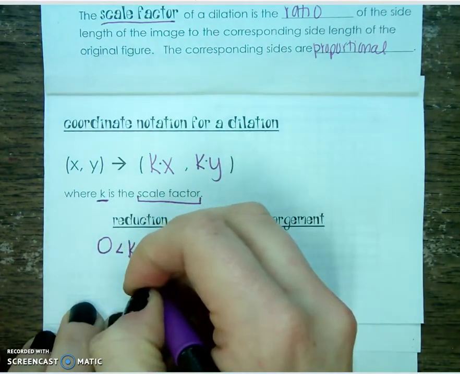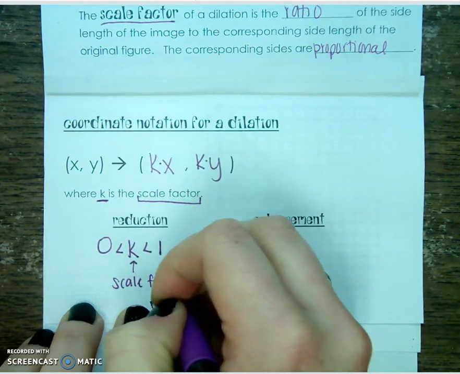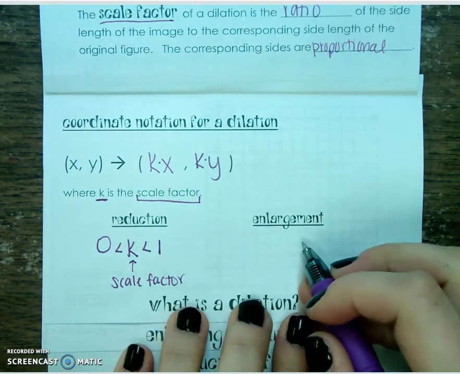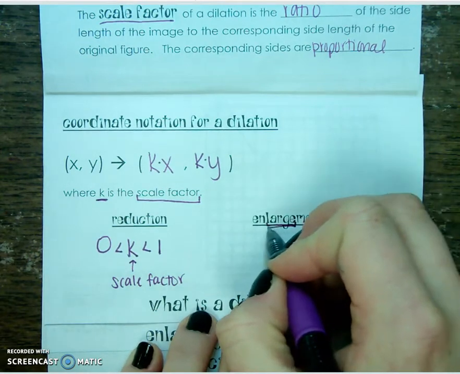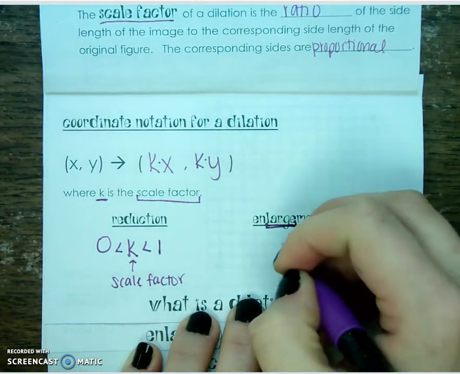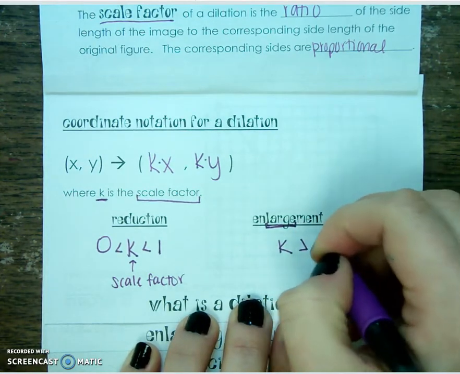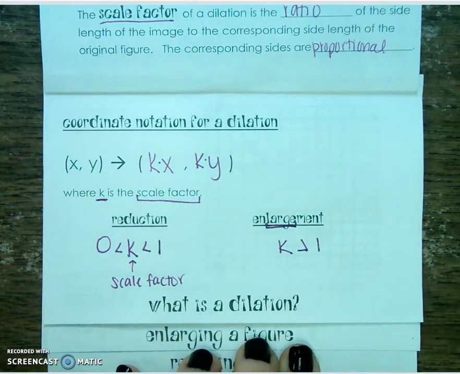And don't forget, k is that scale factor. And then for enlargement, to make it bigger, literally the word large is in there, that scale factor has to be greater than 1. Has to be greater than that original point.